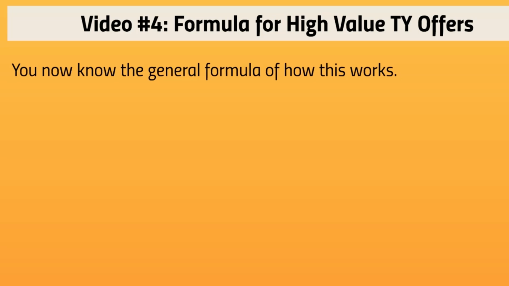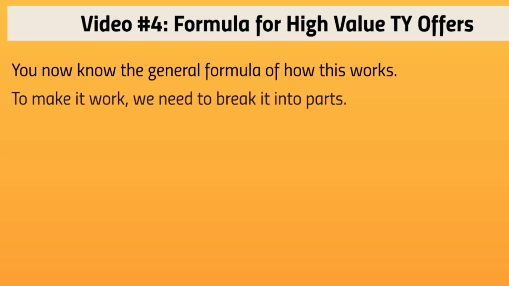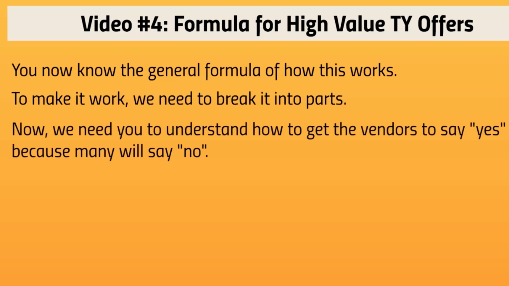So you really have to think about how you can offer something of value, but not in direct competition, if that makes sense. So to make this work, you really need to break it into parts. And here's what I mean by that.